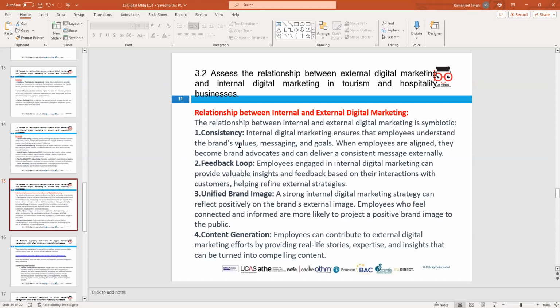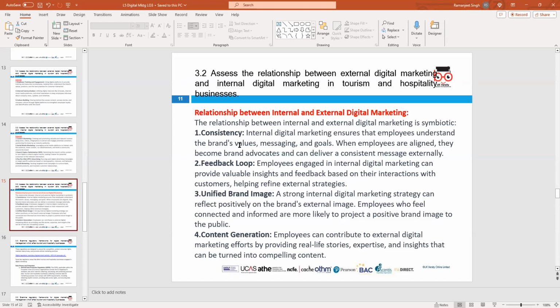What is given by one person is the same as what is given by another. So consistency is very important in getting the message across, and this should reflect the goals, identity, vision and mission of the organization as a whole.